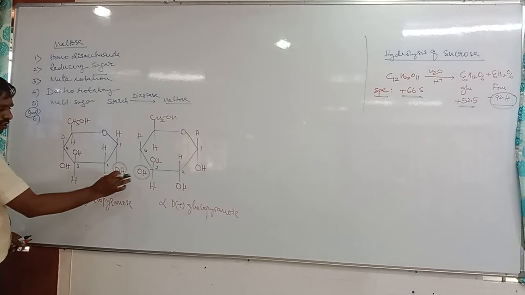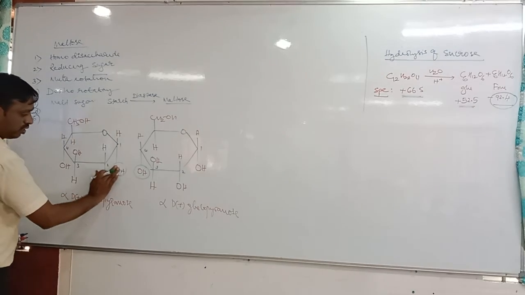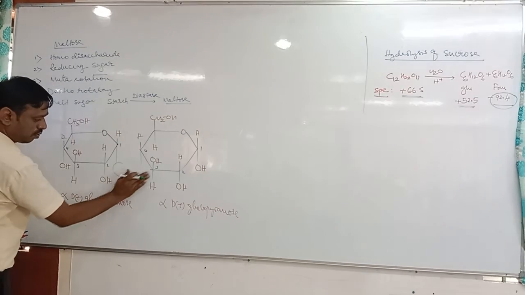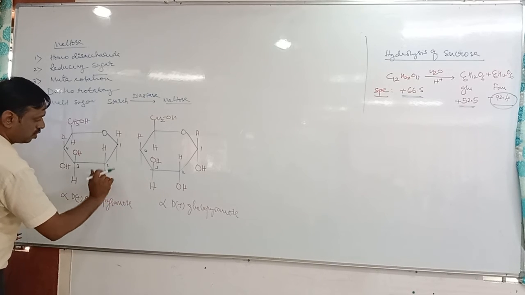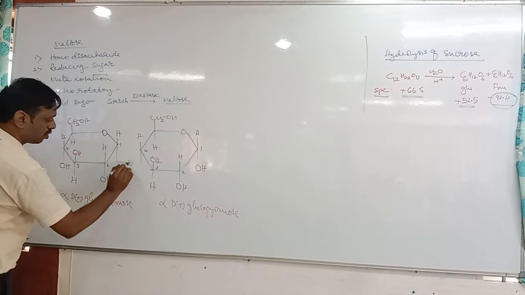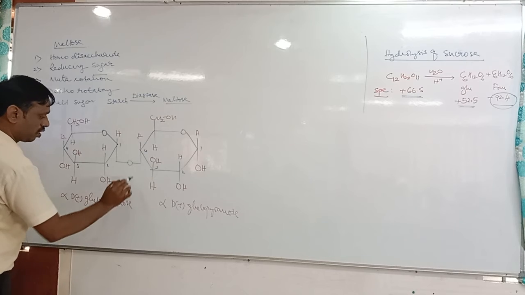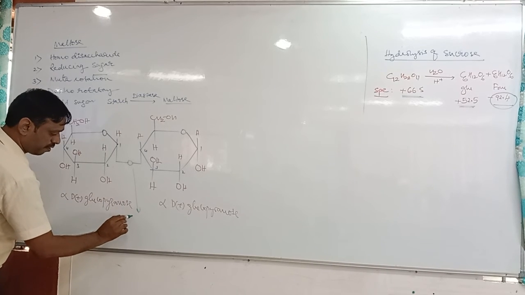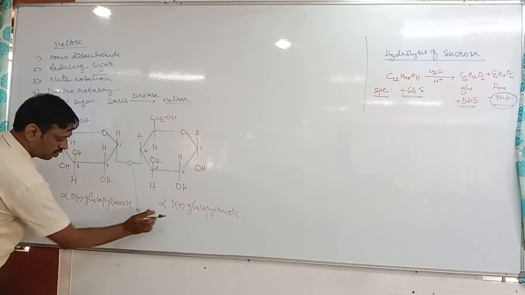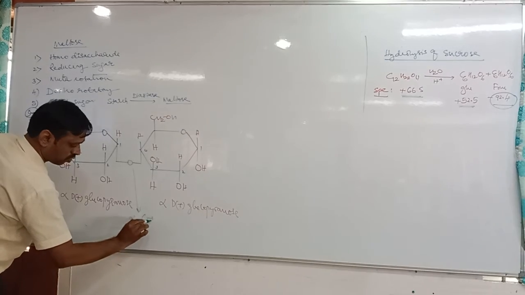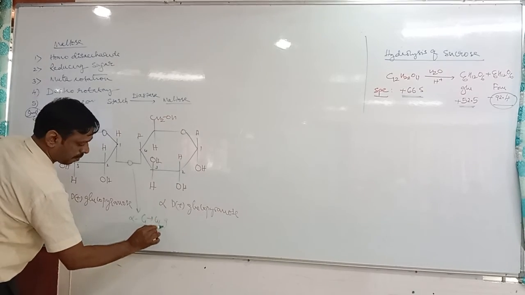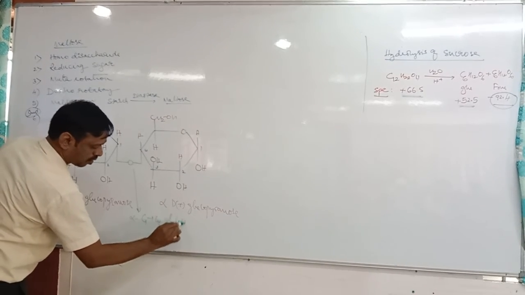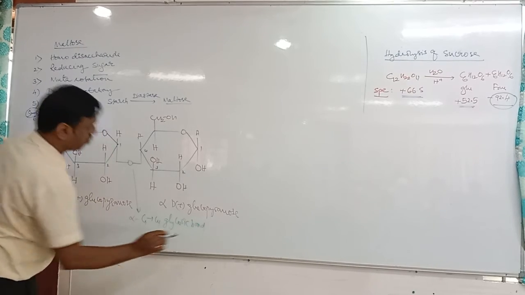Then what do they eliminate? A water molecule. Therefore, you remove the water molecule in between these two and form the bond, which is called the glycosidic bond. This is an alpha C1 to C4 glycosidic bond.